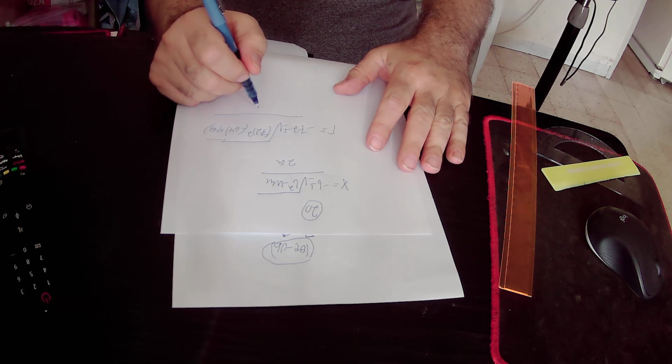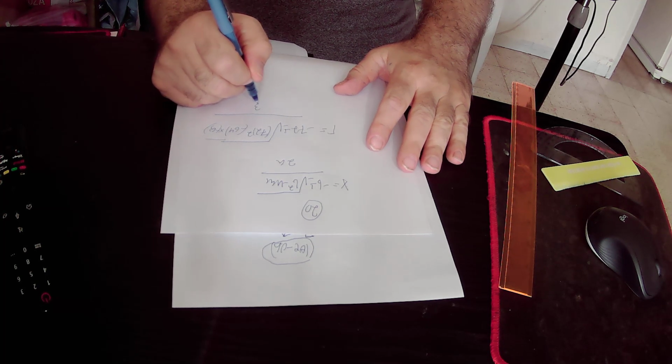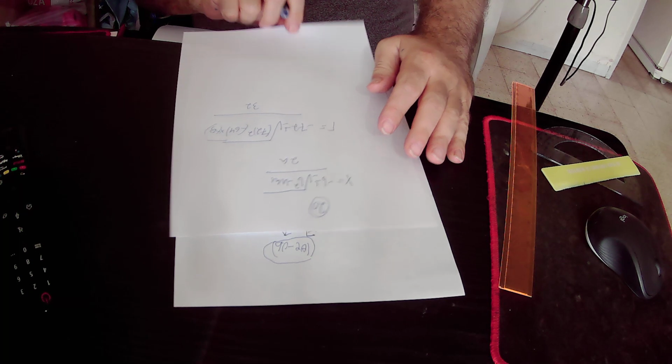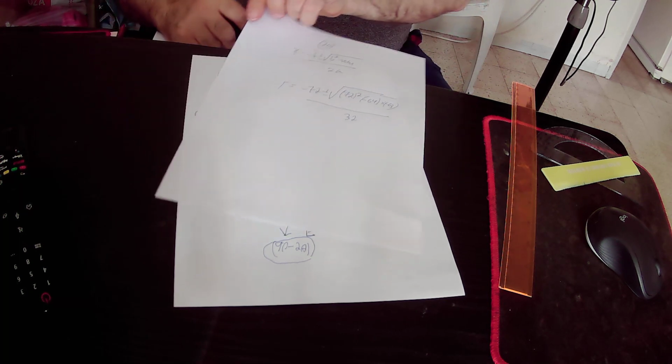A is 16, so 2a is 32. So we got this equality.